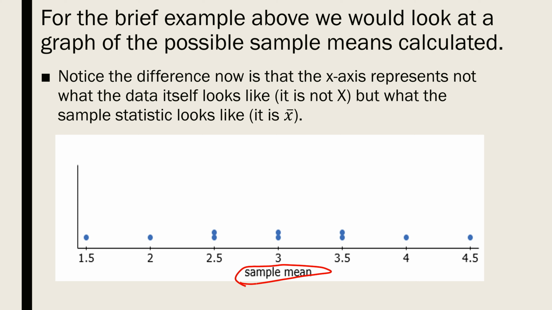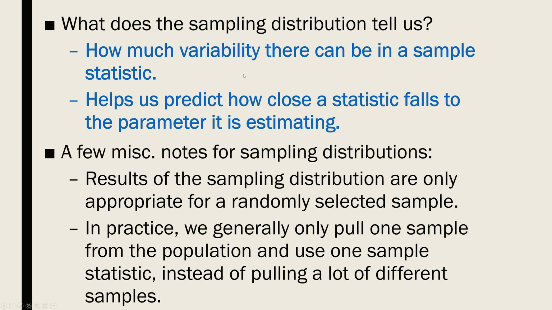So again, the x-axis represents sample mean. What does the sampling distribution tell us? It tells us how much variability there can be in a sample statistic. It also helps us predict how close a statistic falls to the parameter it is estimating.